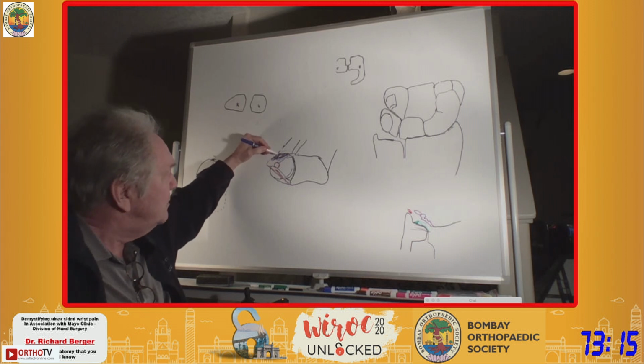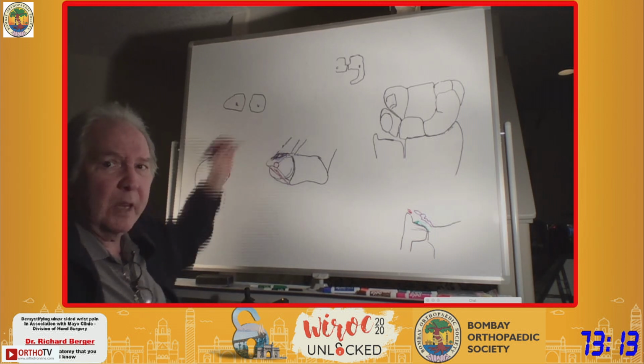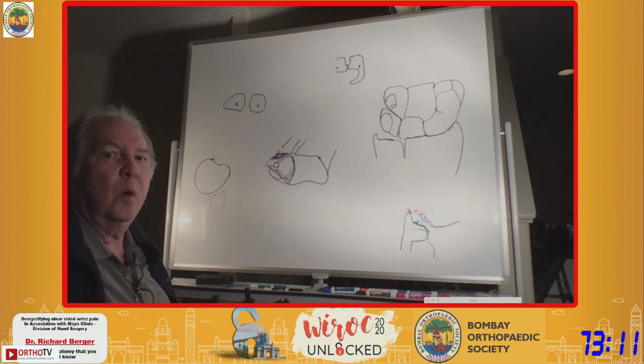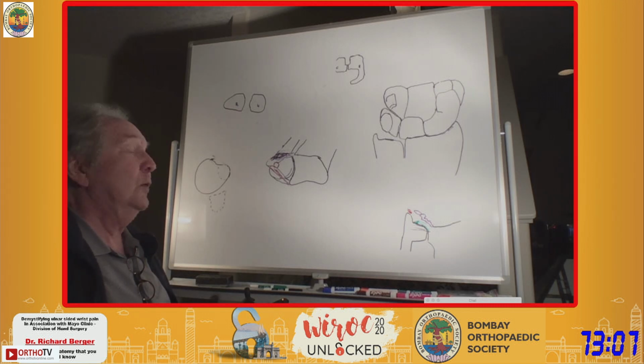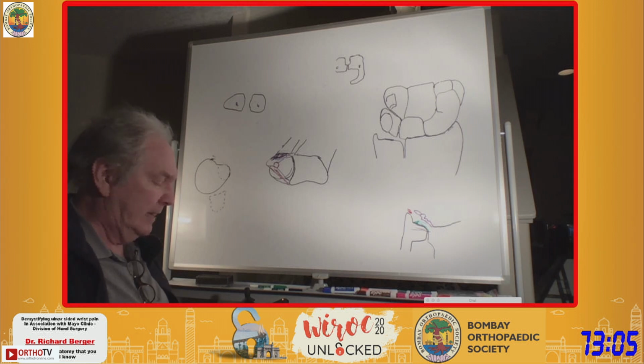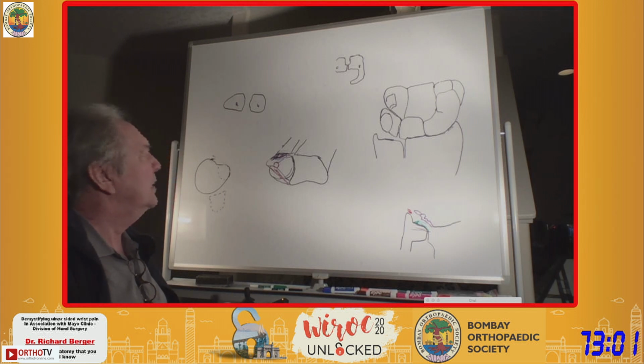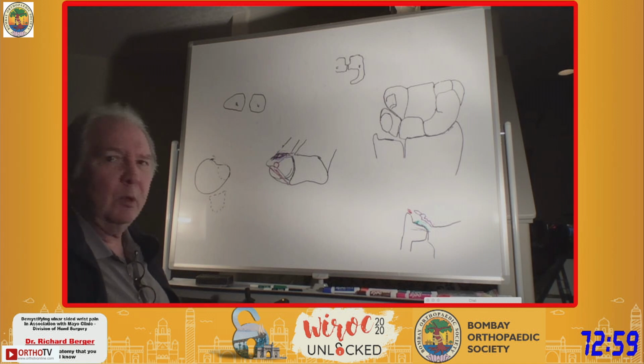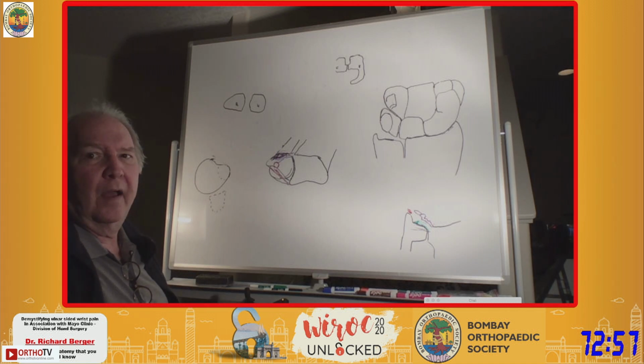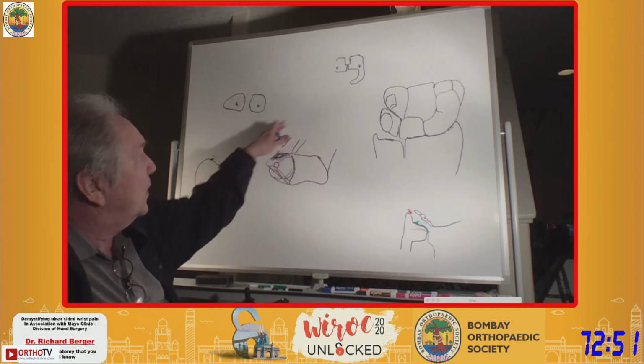So this subsheath is actually part of the dorsal radial ulnar ligament. I don't think that it imparts any different properties to it, but it certainly helps to stabilize that extensor carpi ulnaris tendon in the subsheath as we rotate the radius around it.